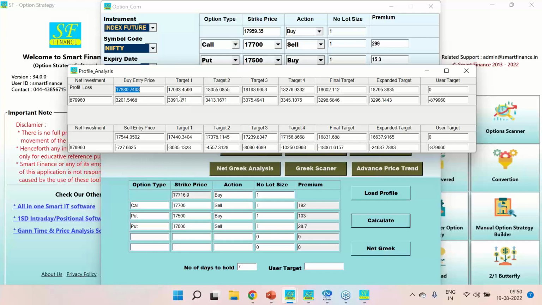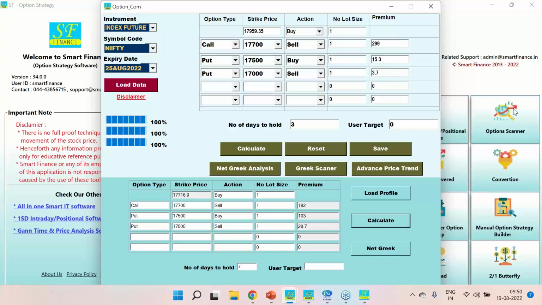I am at the 17,959 level, so the strategy I formed on that day has now come to a profit of about 3,000 rupees.